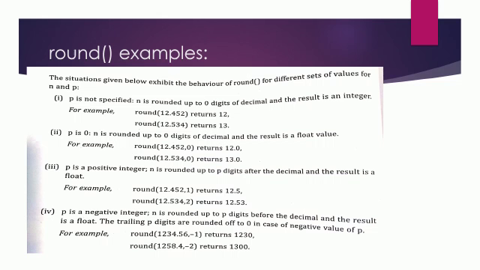Again, rounding 12.534. In the rounding method, to whichever place it has to be rounded, it checks the place succeeding that place. If the number is greater than or equal to 5, the previous number will be incremented by 1.